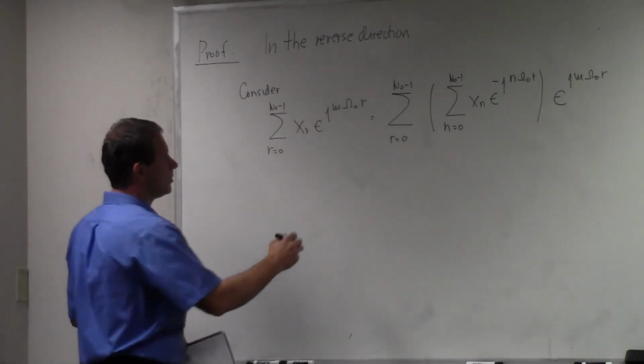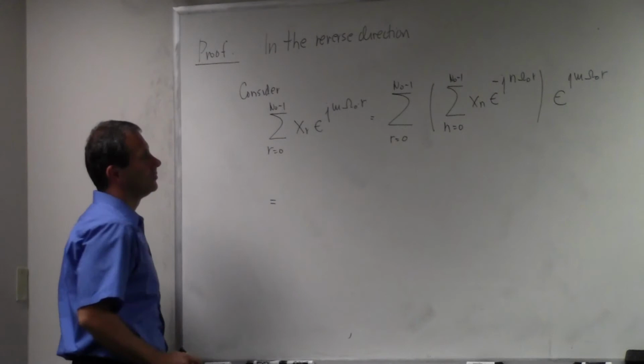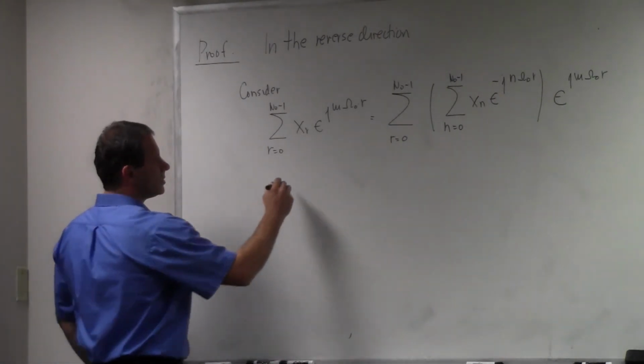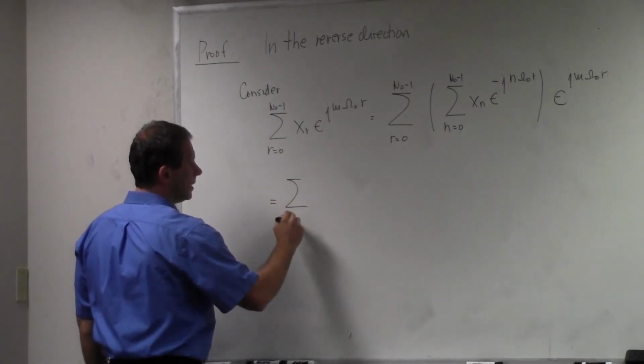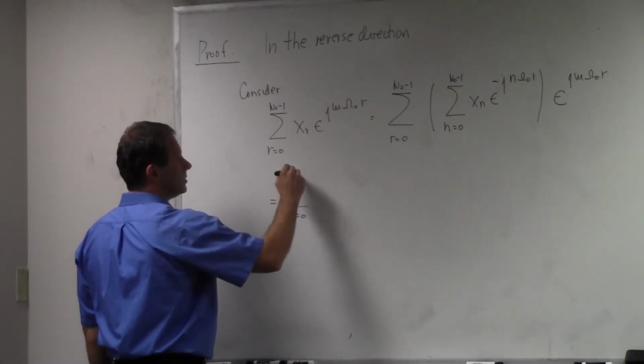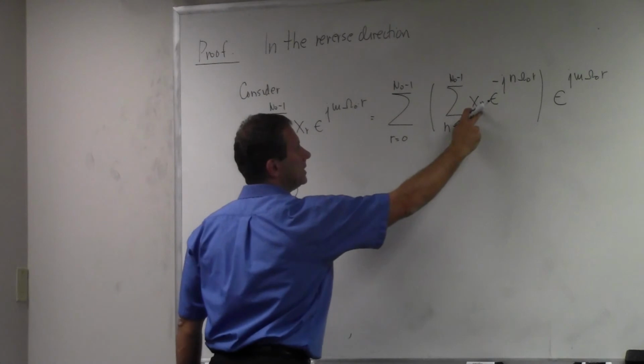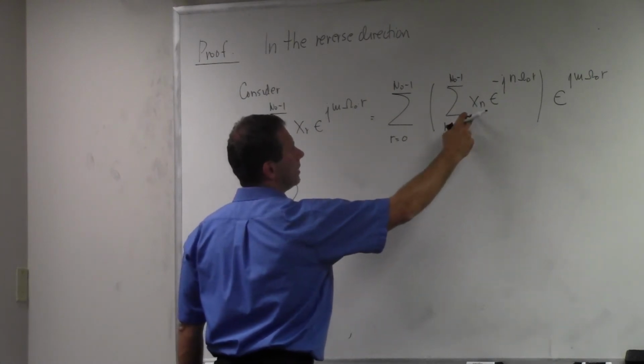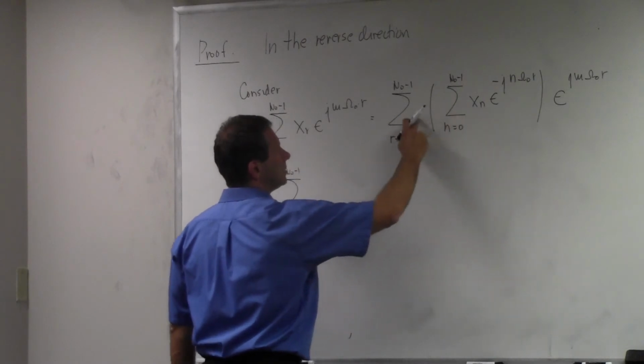Now, just like in any proof of this kind, what we do is we switch the orders of the summations and see what happens. So let's say I first sum when n goes from 0 to n0 minus 1. And this x[n] does not depend on r, so it can go outside of this sum.